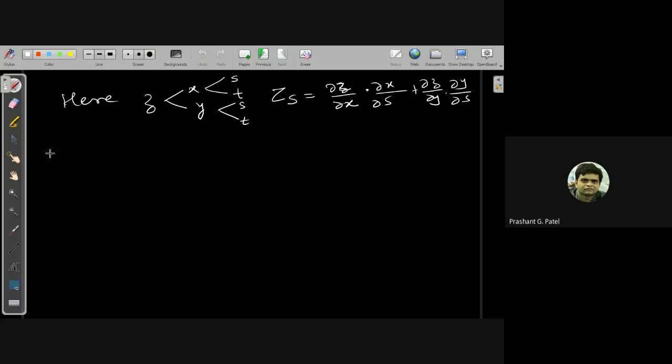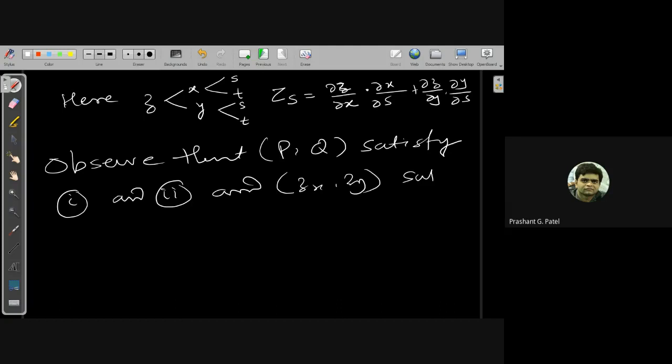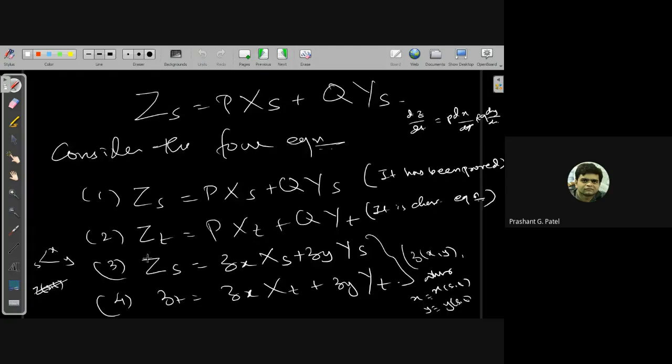Now we observe that this p, q satisfy equations 1 and 2, and z_x and z_y satisfy 3 and 4.